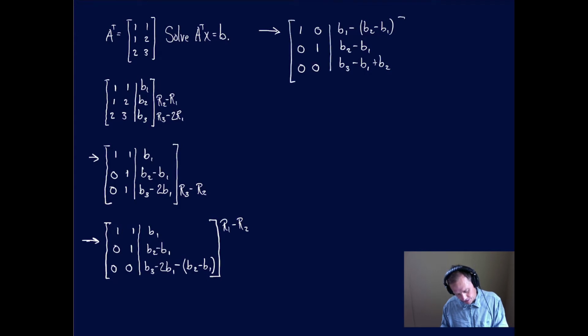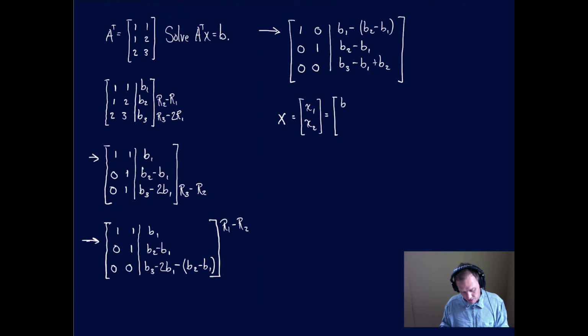Wow, look at this problem. Okay, this is different. Let's see what we've got here. Now, the solution to this, well, we can read it right off. The solution here is that x, the vector x, has components of x1 and x2. And the solution is, it's the first component, it's b1.